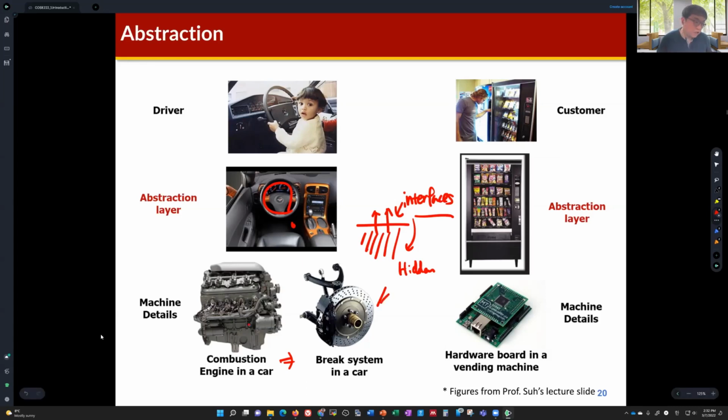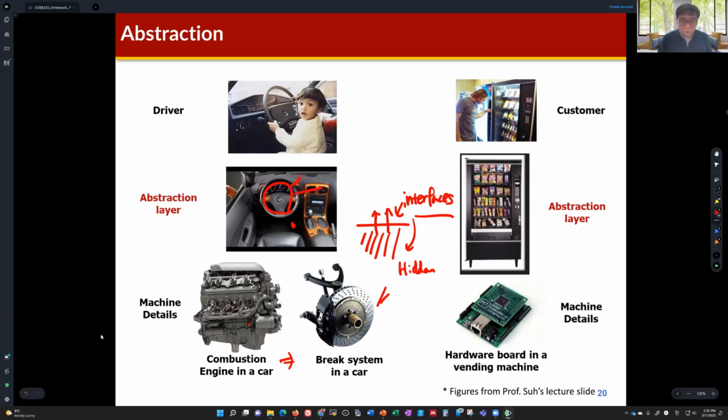The engines and other mechanisms are inside our car, in the under layer. In the upper layer there is a handle and pedals, like brake pedals and acceleration pedals.